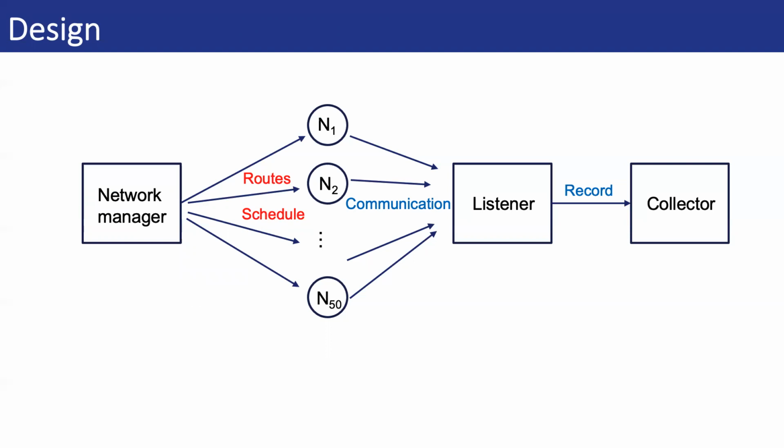All nodes will transmit data packets according to the routes and the transmission schedule and the various configurations one by one. Then, when the network is running according to the routes and the transmission schedule generated by the network manager automatically, the listener will listen to the communication activities of each node and record them.